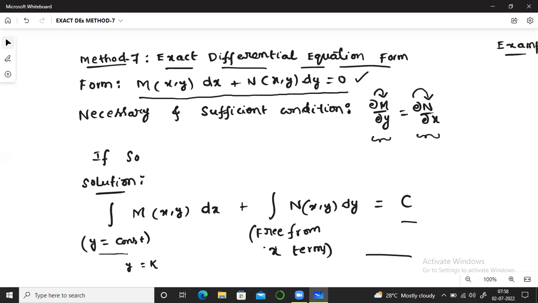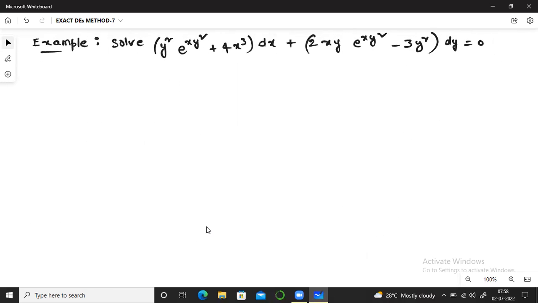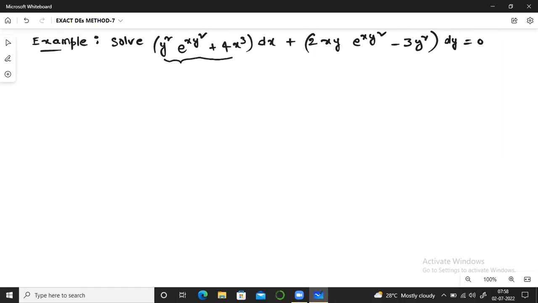So straight away we will solve one problem. The given example looks like this. This whole thing I can treat as M, a function of x comma y, and this whole function I can treat as N, also a function of x comma y.